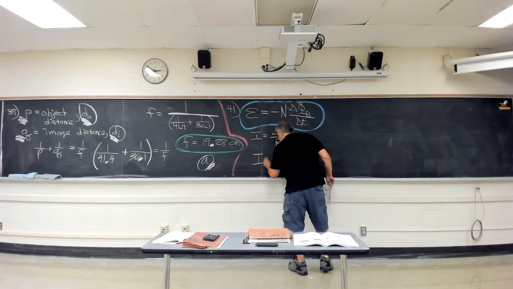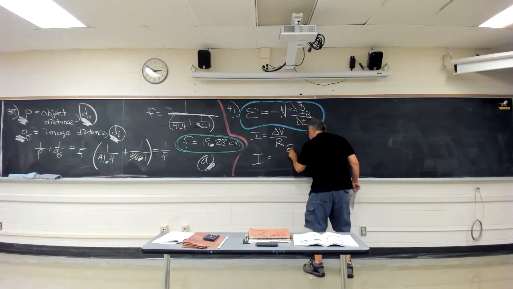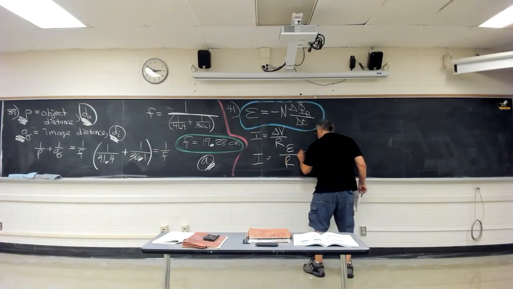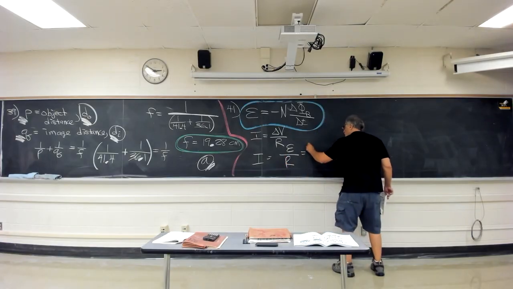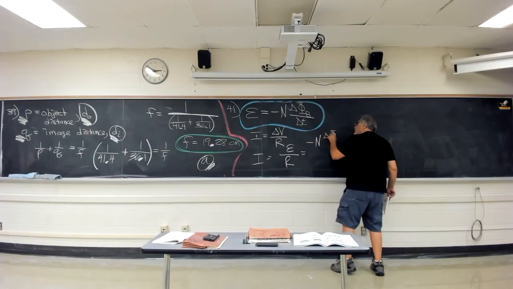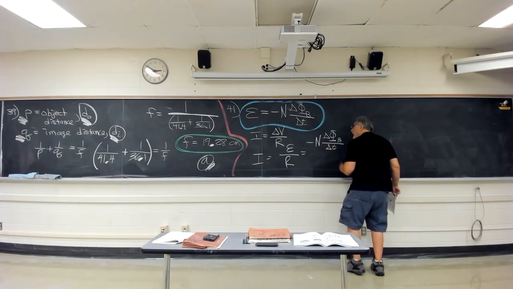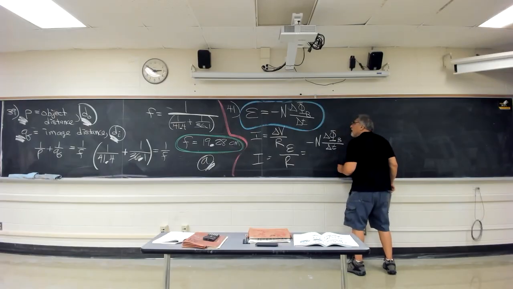I will be equal to the potential difference, which is E, over R, which is equal to negative N, change in flux per unit time, all that divided by R.